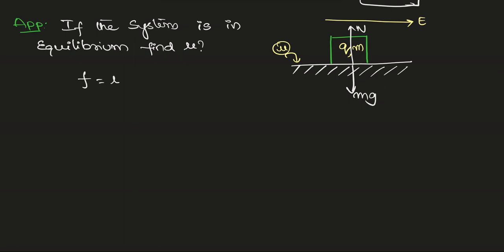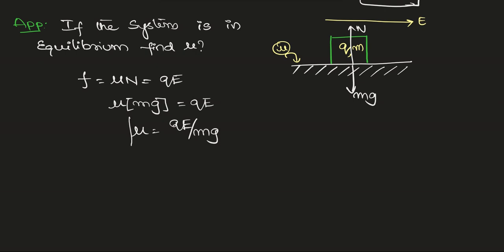So that frictional force, which is mu into N, balances with electrostatic force. So mu into normal reaction is mg, that will be equal to qE, or mu will be equal to qE by mg. Like this, we can identify coefficient of friction of that particular surface.